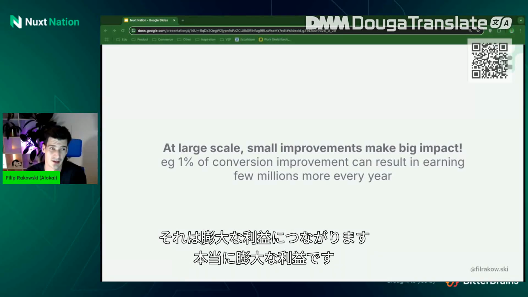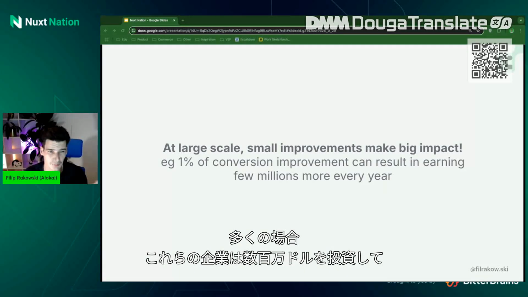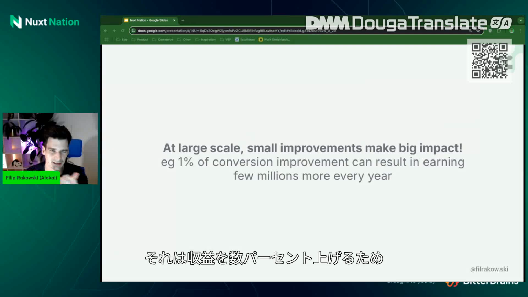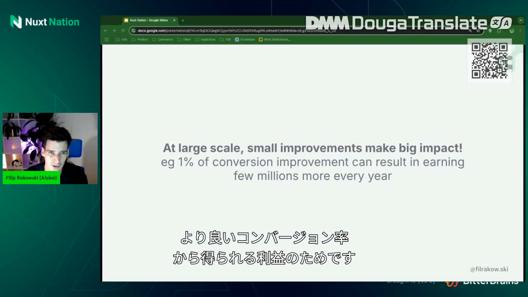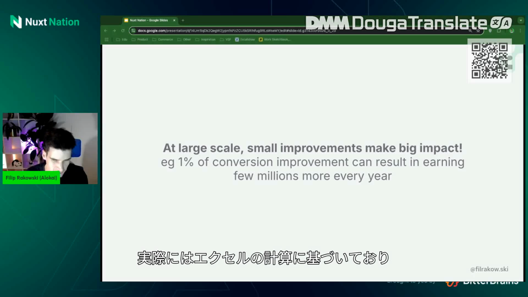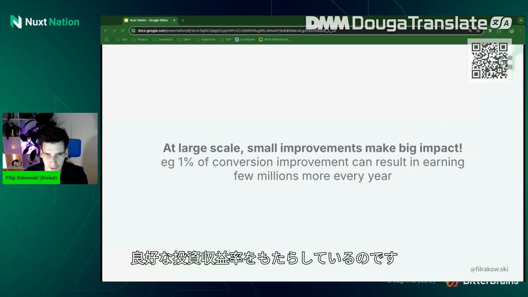Very often, these companies are willing to invest millions of dollars into a year-long migration and complete rewrite to see a few percent of revenue uplift from a better conversion rate. So something that may sound stupid at first glance is actually very much rooted in Excel, and it's giving a good return on investment.